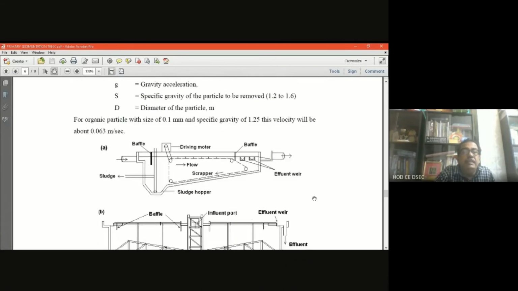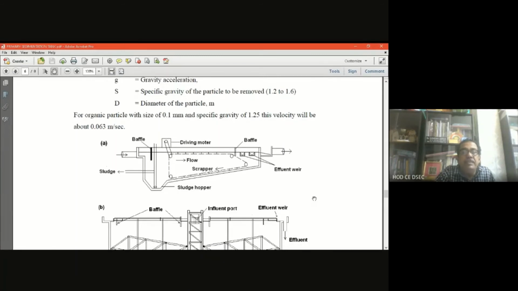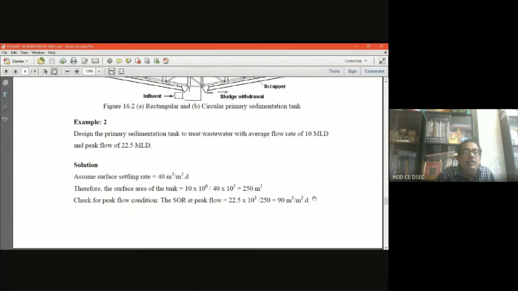Now let me discuss a problem which will give you a clear conception of the primary sedimentation tank. Once I explain this problem, the design considerations of the primary sedimentation tank will be very clear.